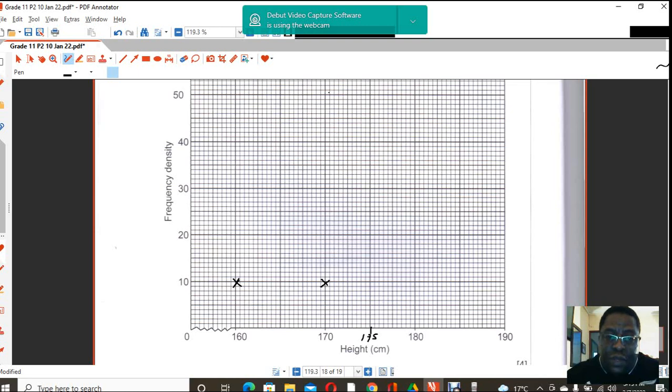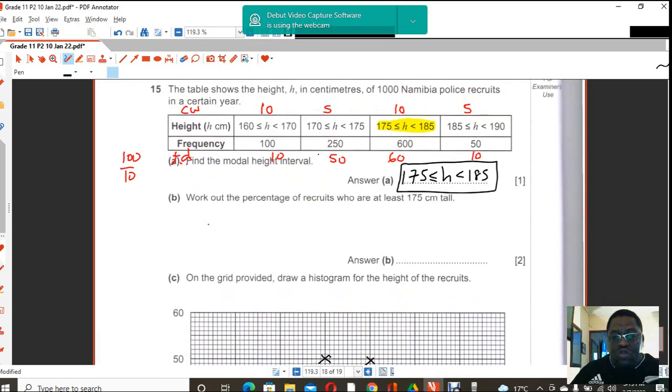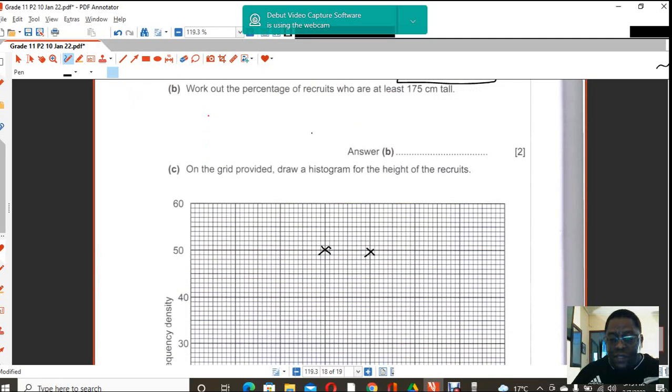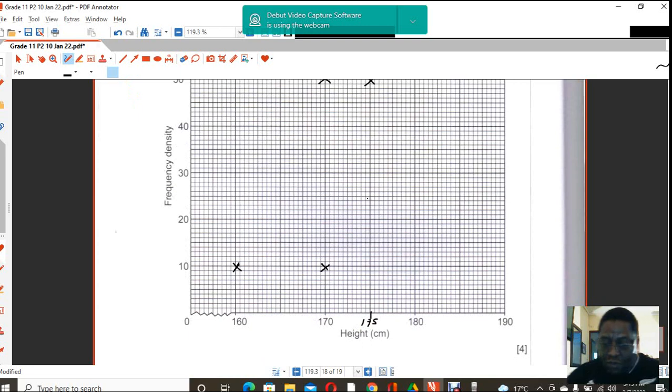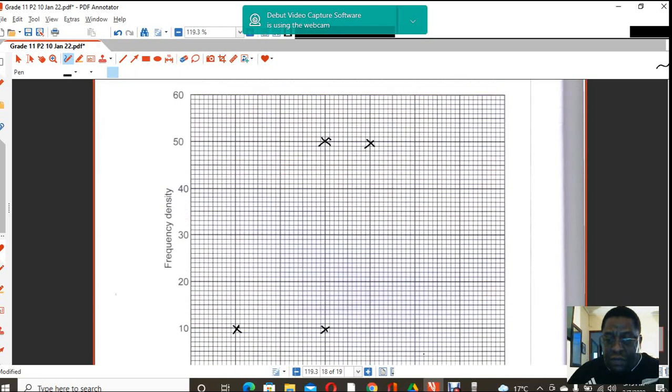So I'm going to go all the way here. 50 here. There we go. 50 there. There we go. And between 175 to 185 is 60. So 175 to 185. Now 185 will be all the way down here. They say between 175 and 185 it's 60. So I'm going to have my 60 there. And where do we go? 60 here.